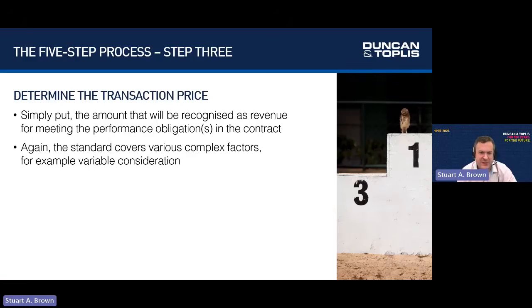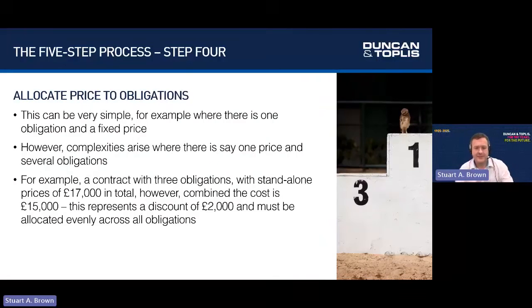So you've got the contract, you know what the obligations are, you know what price it is. The next step is to allocate the overall price to those individual obligations. Again, I keep reiterating this, it can be simple, but it can be very complex. It's a very wide scope here. An example of this would be a contract where there are 3 embedded obligations, and they each could be provided to the customer at individual prices of £17,000 in total.